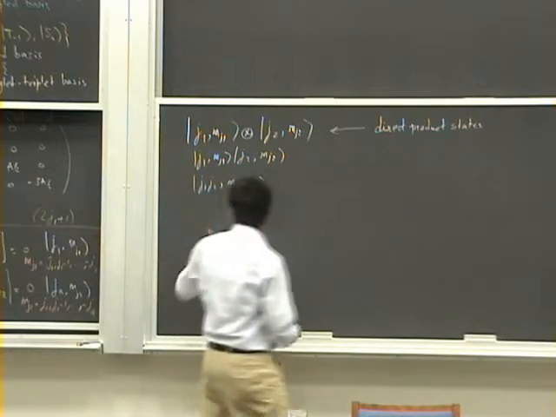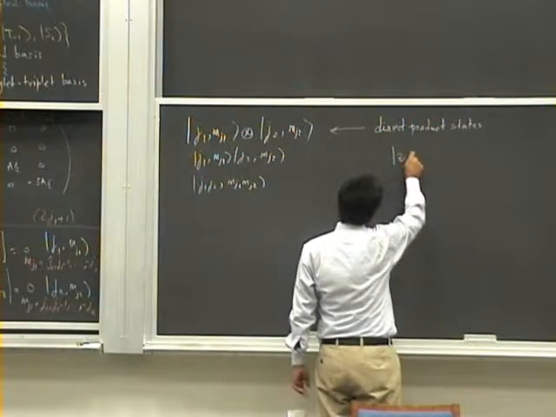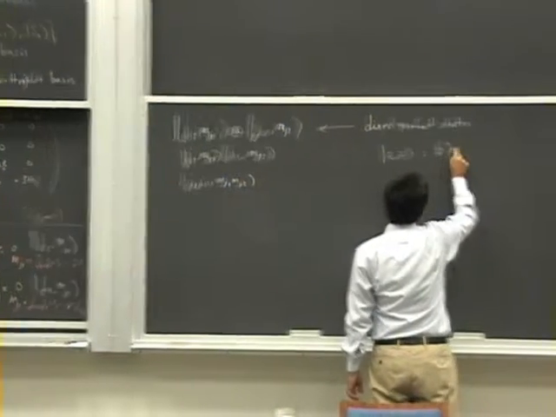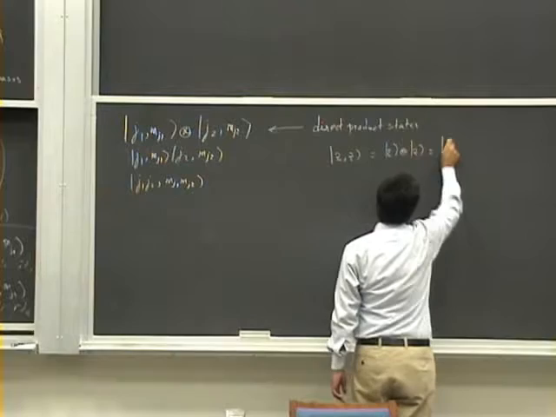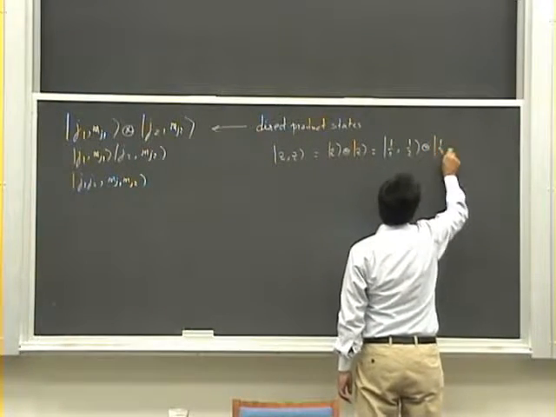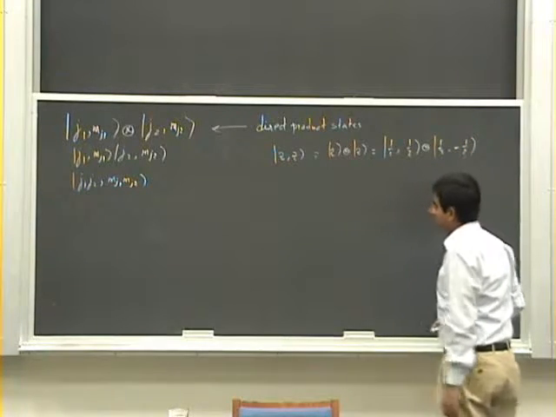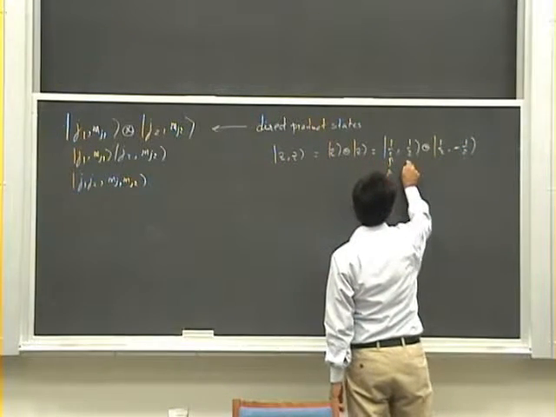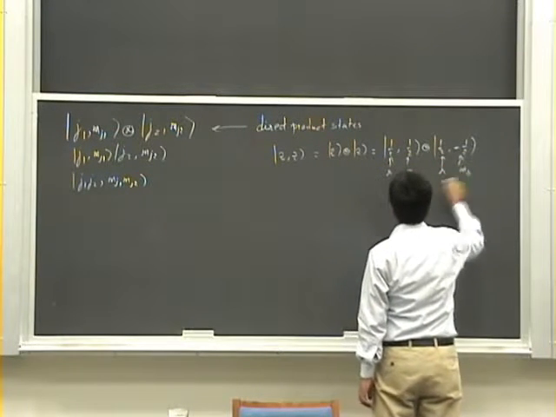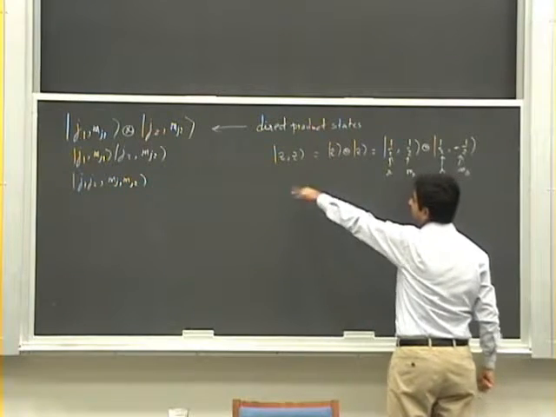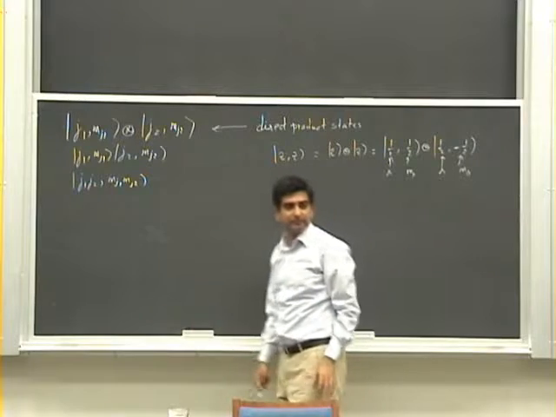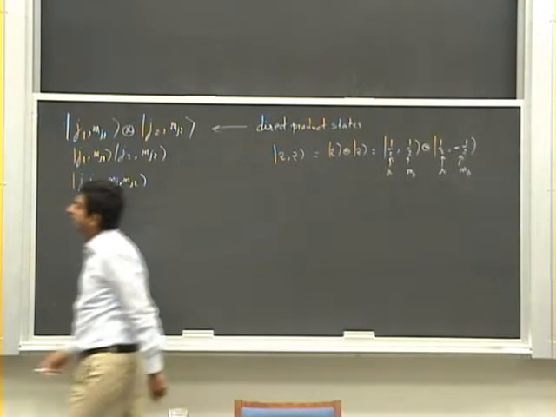Now the states that will be written for the two spin half particles, like |z>|z>, is really a direct product state. It means |z> tensor |z>. It really means two spin half particles, |1/2, 1/2> crossed with |1/2, -1/2>, where this label is S and this label is ms, right? So the states that we've written, |z z>, |z -z>, |-z z>, |-z -z>, are really direct product states. Okay? And remember, what have we done here?